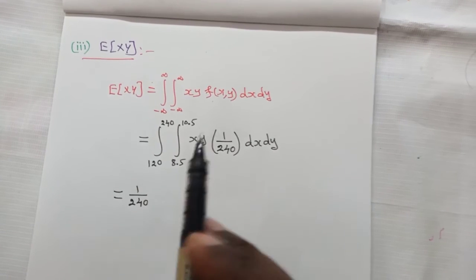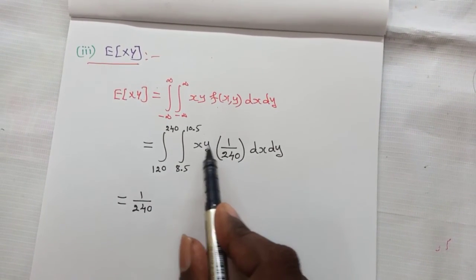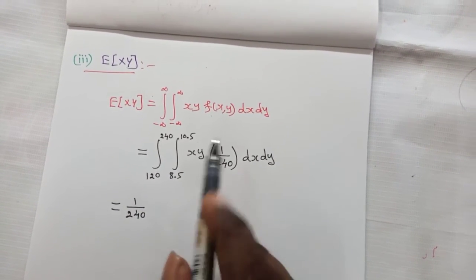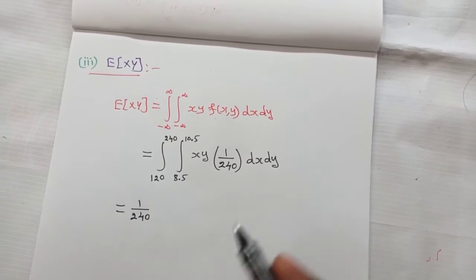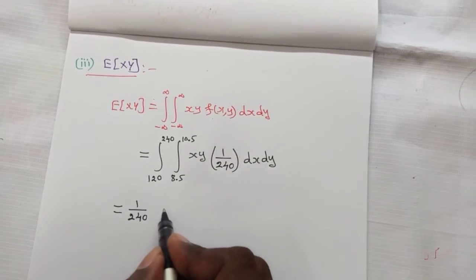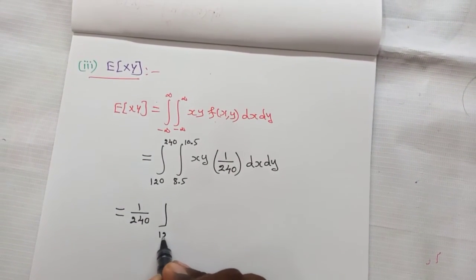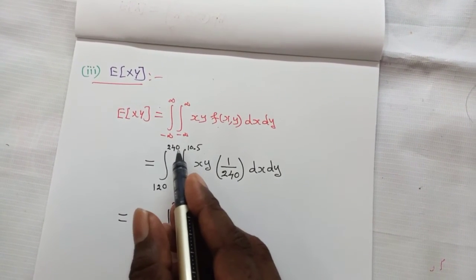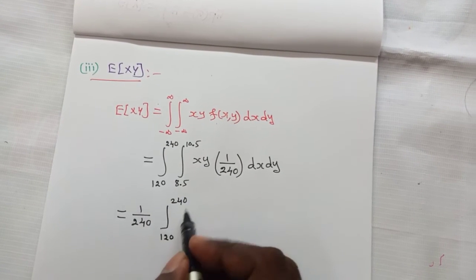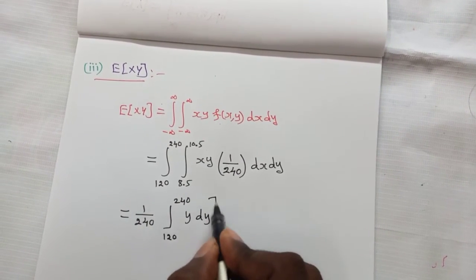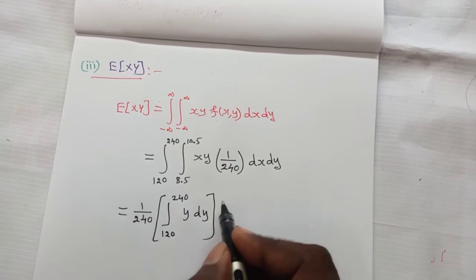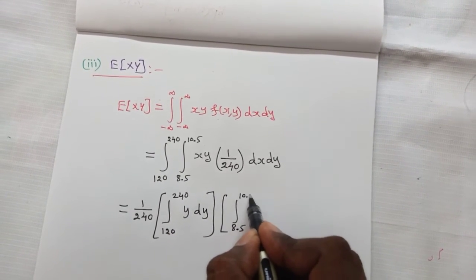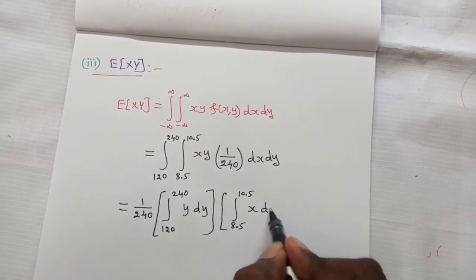But you see the integrand is xy, a product of two variables. The variables can be separated, x and y, so that the integral can also be separated. How? Integral 120 to 240, the limit for y, of y into dy, and the inner integral, limit 8.5 to 10.5, of x into dx.